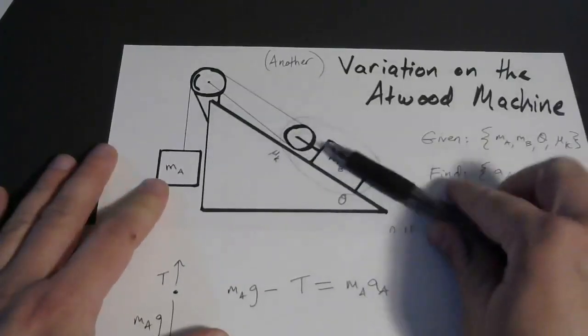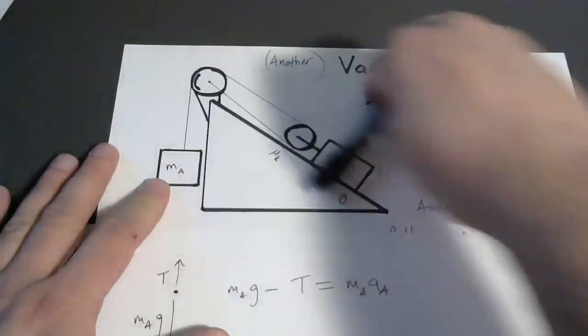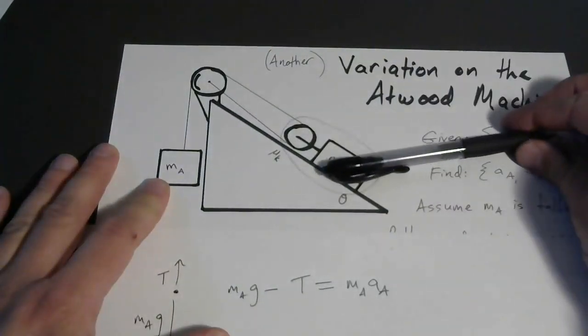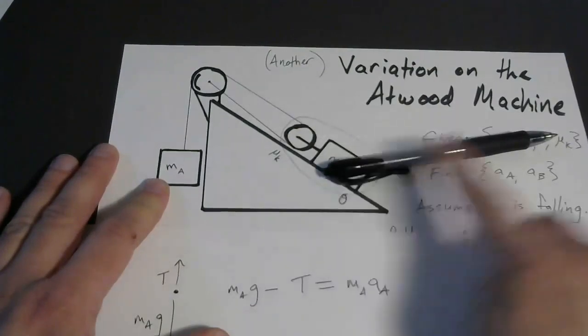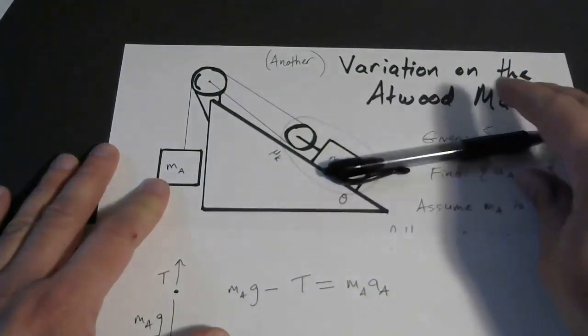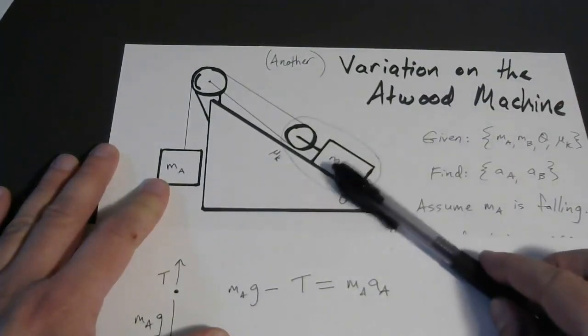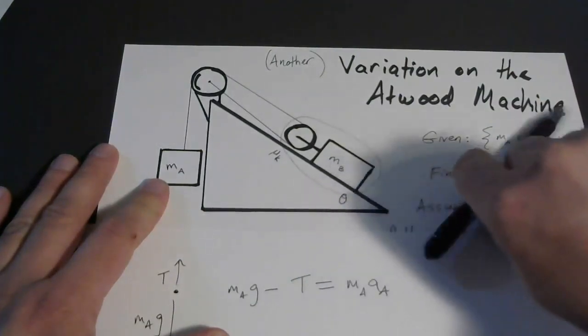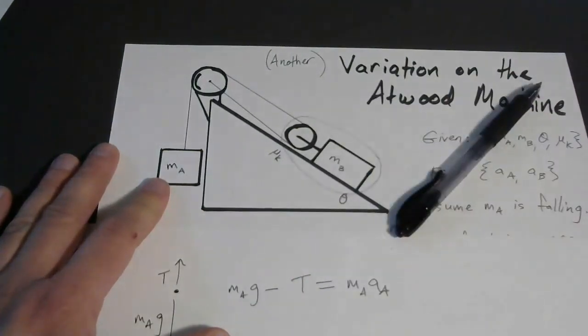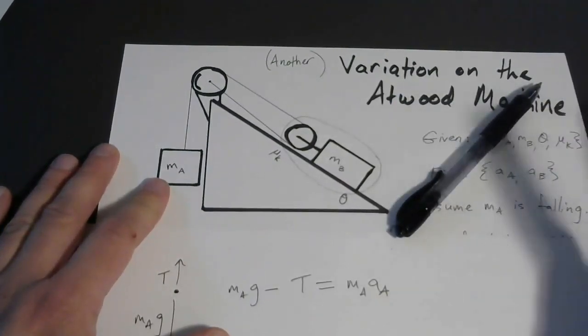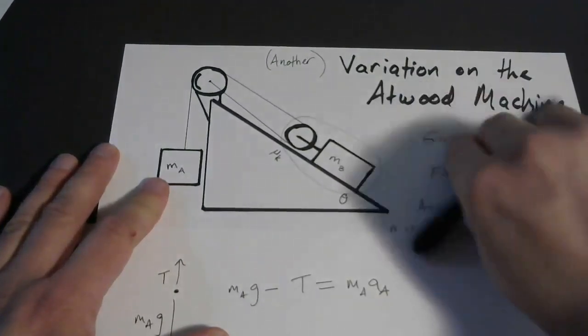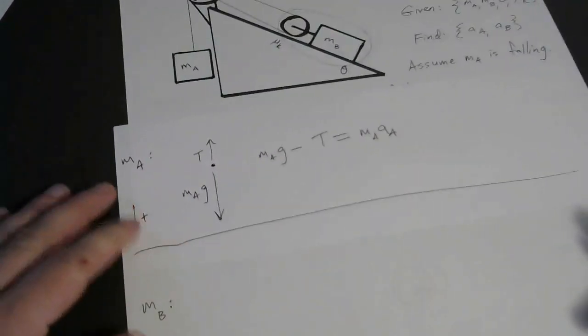Well, if mass B is traveling this way, I would say that the force of the ramp on the block points in this direction because it's got a component down the ramp, that's what we call friction, and then it has a component normal to the ramp, that's what we call the normal force. But don't forget, those are two components of a single interaction between the ramp and mass B.